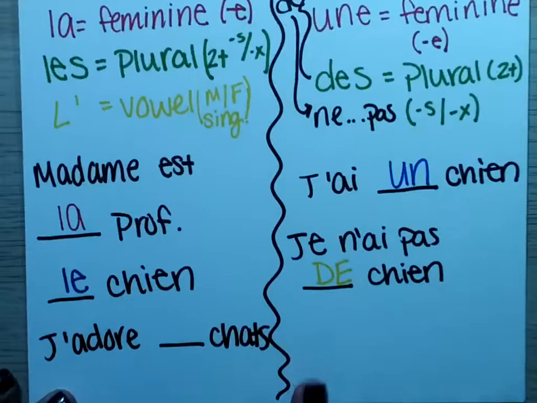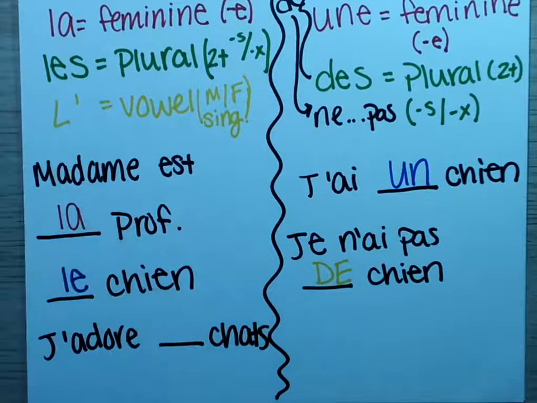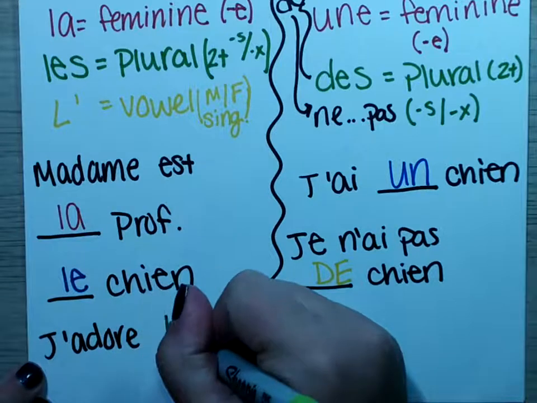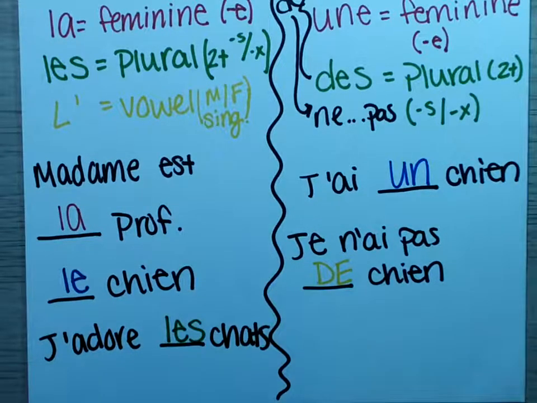All right, so now we need to figure out what article we should put in there. Looking at our word, it ends in an S. So we need to make our article plural, and we're going to use les. J'adore les chats.